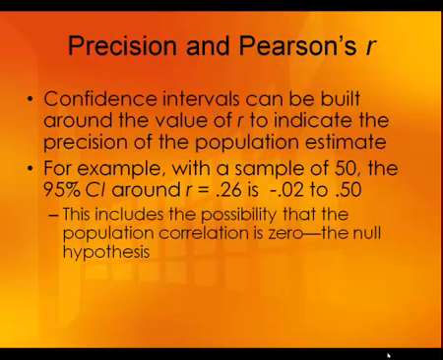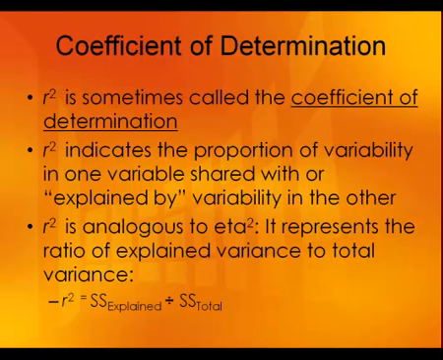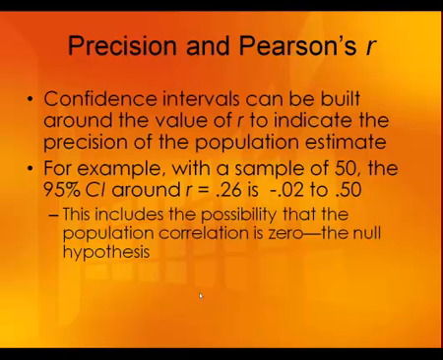But for example, with a sample of 50 people, the 95% confidence interval around an R, or the Pearson's R, is 0.26. So again, if we look at that, kind of going back, I'm going to skip here a little bit, that R squared is equal to, right here, the SS explained divided by the SS total.